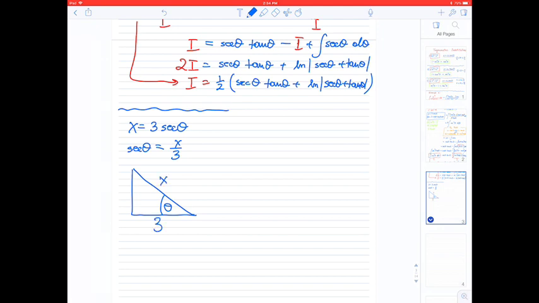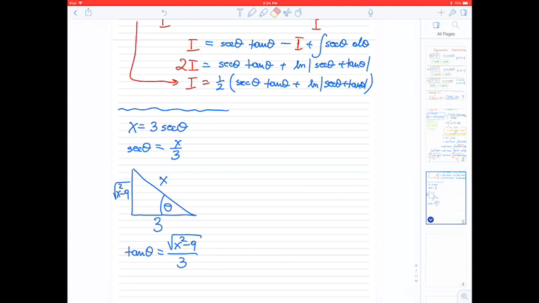If this is x, this is 3, this will be square root of x squared minus 9, based on the Pythagorean theorem. And looking at this, tangent theta is simply opposite over adjacent: square root of x squared minus 9 over 3.